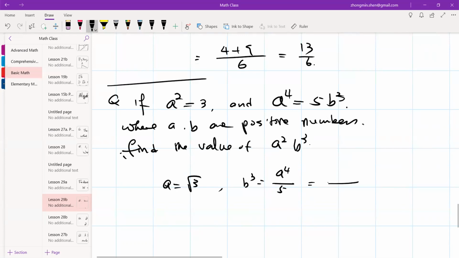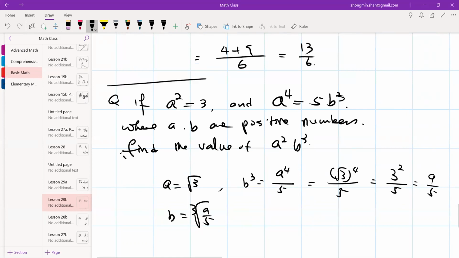Then you can take the square root of 3 to the 4th power, and that's going to be 3 squared, so it's 9 over 5. Then B is going to be the cube root of 9 over 5.